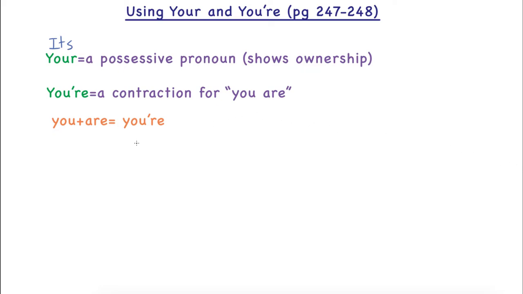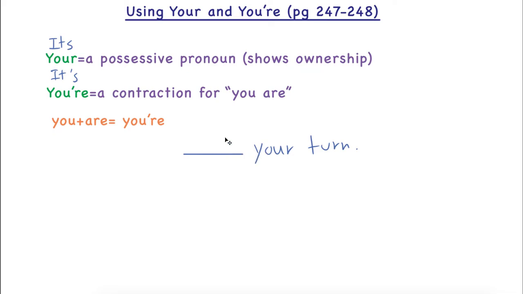In our last lesson, we learned that we can test whether to use its or it's by using the "it is" test. For example, the sentence here: blank your turn. Which should I use, the one with the apostrophe or without? If we use the "it is" test, plug "it is" into the blank.